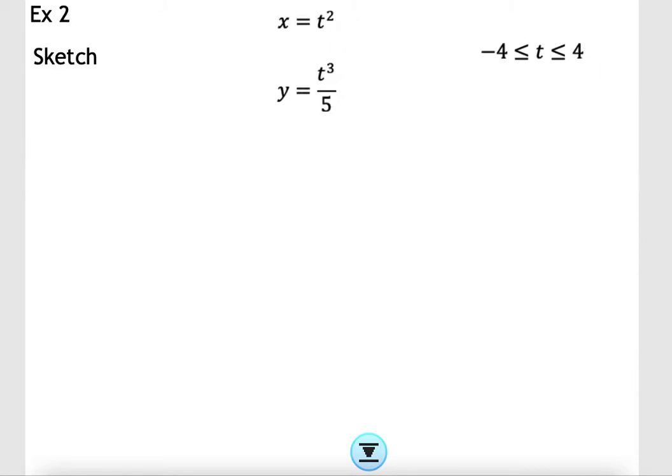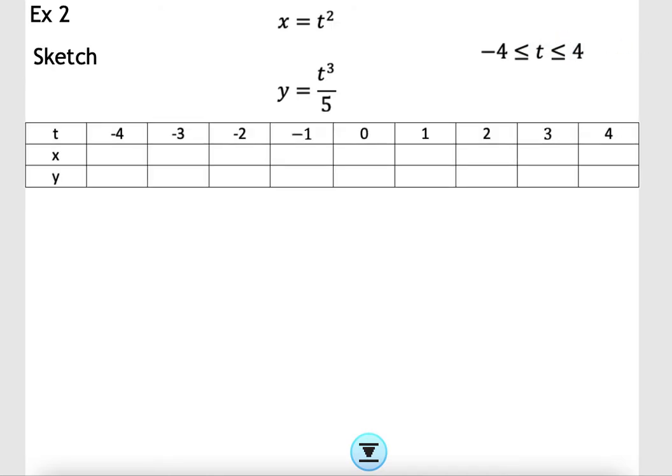Okay, second example, this time algebraic functions rather than trigonometric. Constraint on t, sensible, I'm going to go up in ones. So here I'm going to get 16, 9, 4, 1, 0, 1, 4, 9, and 16.